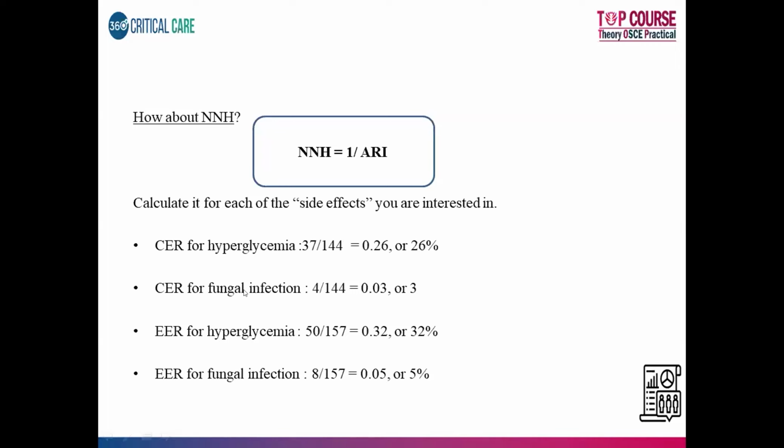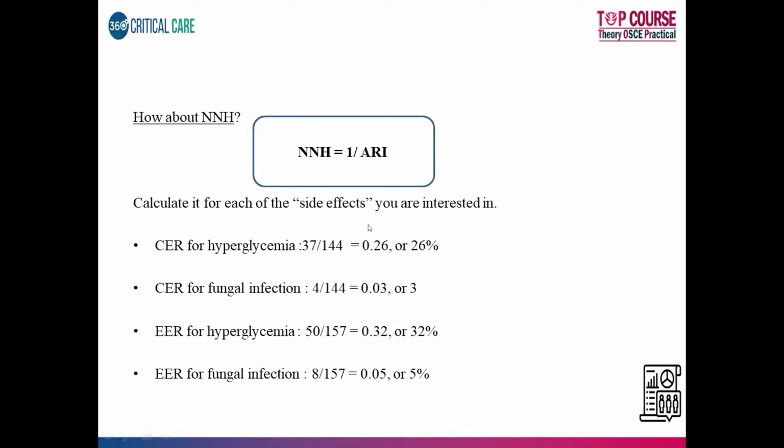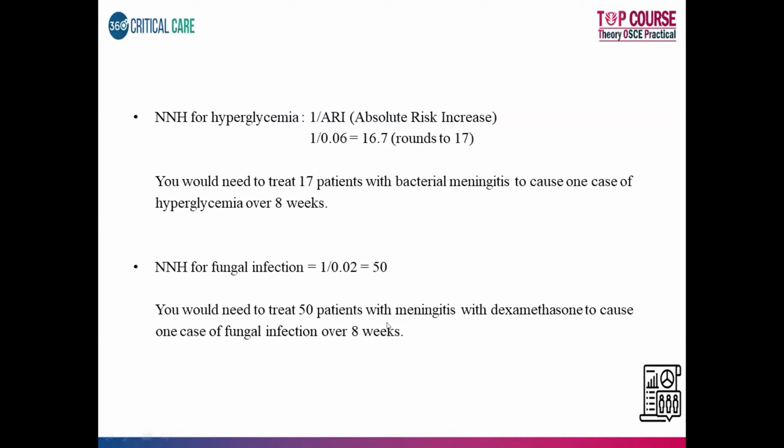Okay. Similarly, for fungal infections, you have to calculate the same way. So now for hyperglycemia, 1 divided by absolute risk increase. So 1 divided by, what was the answer which you got if you subtract these both, 0.26 minus 0.32. So you are going to get 0.06. So it will be around 17.